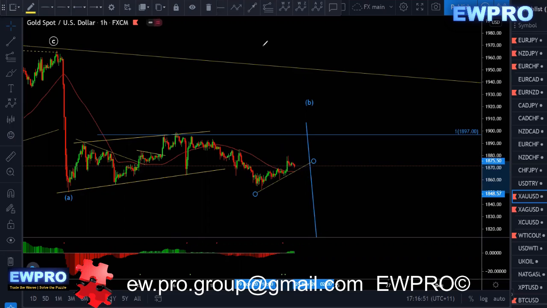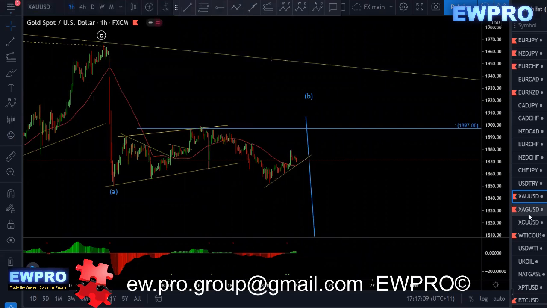So if you do get this break in here, a little flag, by all means sell it, but this is a correction, so you have to be careful and trade it as a correction.